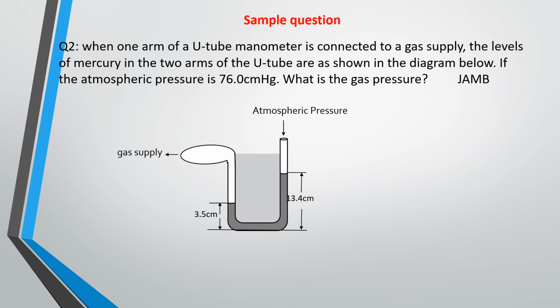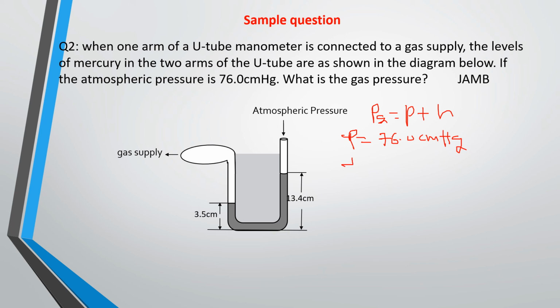Gas pressure, P gas, is equal to P atmosphere plus h, right? P atmosphere has been given to you to be 76 centimeter Hg, right?